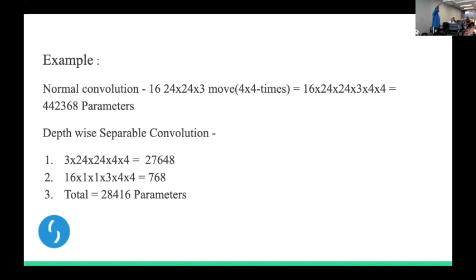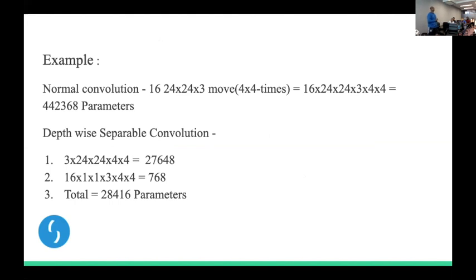If you have depthwise convolution, like you said before, 3×10^4 gives 27648, and only one channel, that is 1×1×3, moves around 4×4 times. So the total is 28,416. As you can see, normal matrix multiplication has about 44, and here it is 28, right? So it's a gradual decrease.